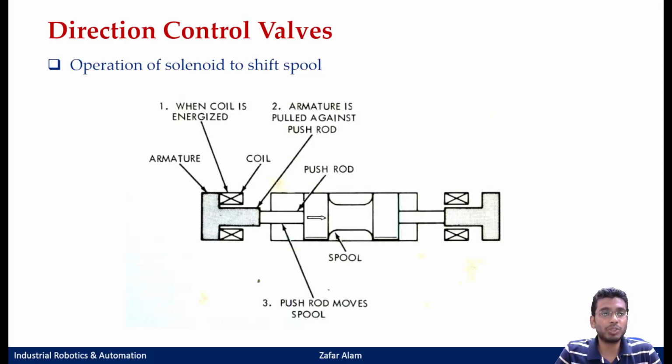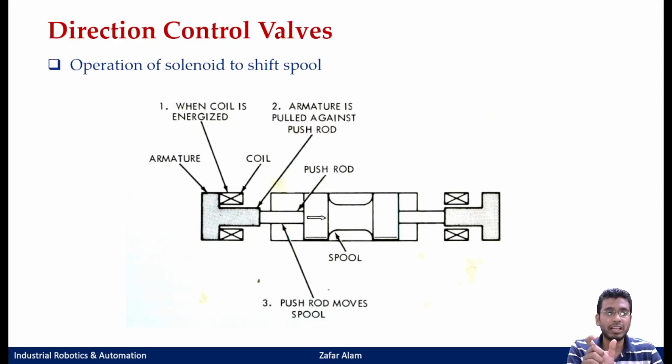Now let us come to the 4th category, and that is operation by solenoid to shift. That means we are using a solenoid valve here. If you can see the spool inside your valve, the spool is very light in nature, the small balls.